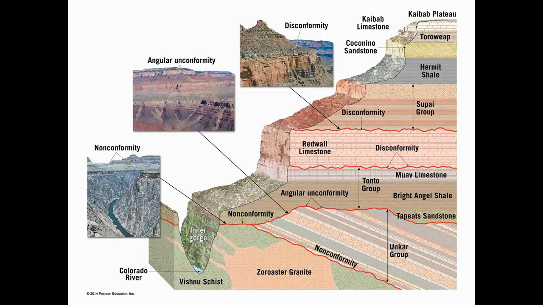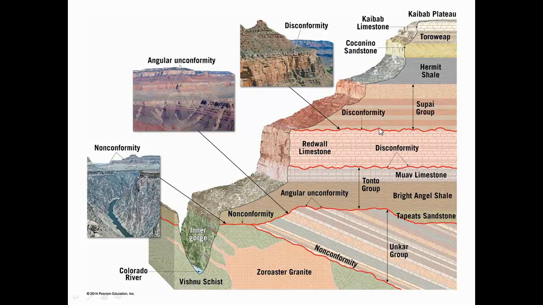And then above that, we have two additional unconformities, both represented by wavy, heavy red lines. These are both labeled disconformities. This lower disconformity occurs between the Redwall Limestone and the underlying Muav Limestone.